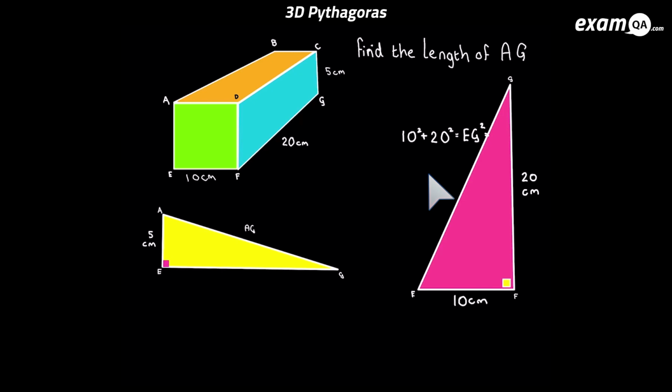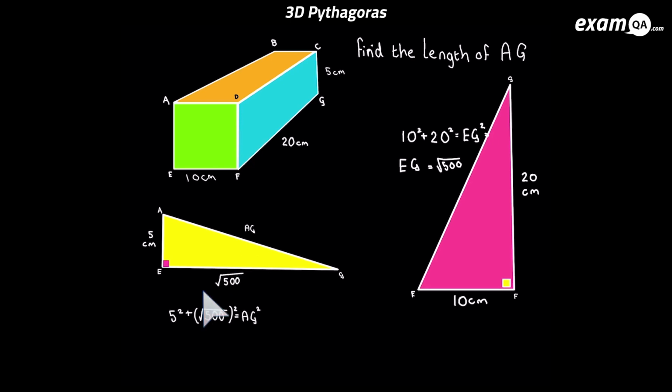And if EG squared is 500, of course, EG would be the square root of that. So EG is square root of 500. So now that we know EG is root 500, we can fill in EG in that first right angle triangle. Brilliant. Now we've got enough information to do Pythagoras to work out the side we want, AG.